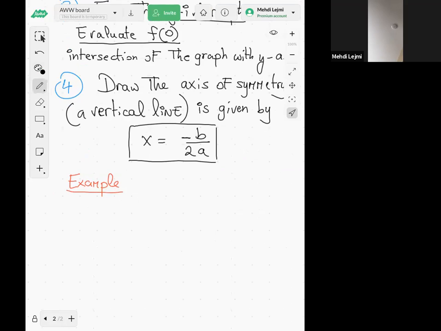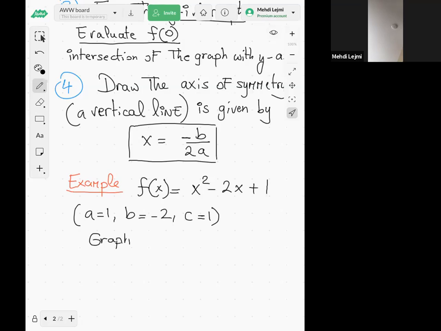Let's say f of x is x squared minus 2x plus 1, right? This is a quadratic function because we have the square. Your a is not 0, obviously. a is positive 1, b is negative 2, and c is positive 1. The goal now is to graph f of x.